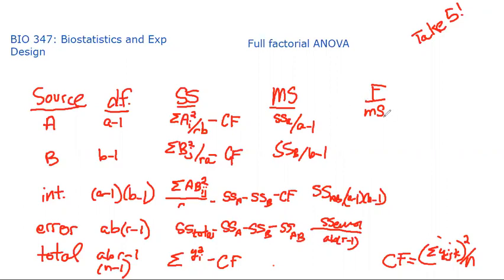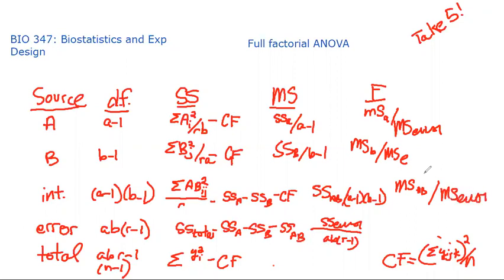So the signal of A is the mean square of A divided by the mean square error. The effect of B is going to be mean square B divided by mean square error. And then the interaction term, same thing. Mean square of A, B divided by mean square error, okay? So those are our F tests.